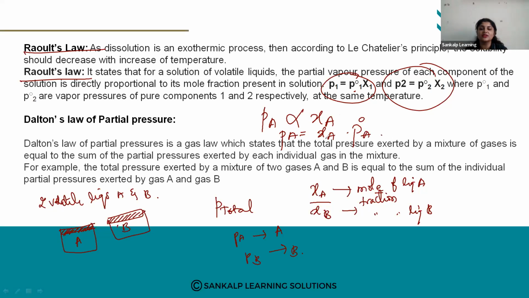P naught A is the vapor pressure of pure A. Similarly for component B, the partial vapor pressure is directly proportional to the mole fraction into its vapor pressure. So here P naught A and P naught B are the vapor pressures of pure liquid A and liquid B at the same temperature. So this is about Raoult's law.